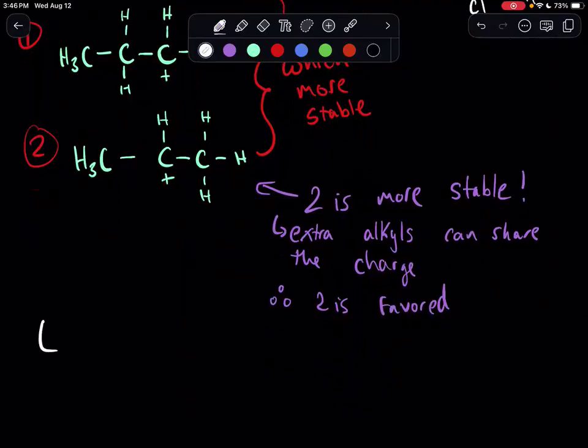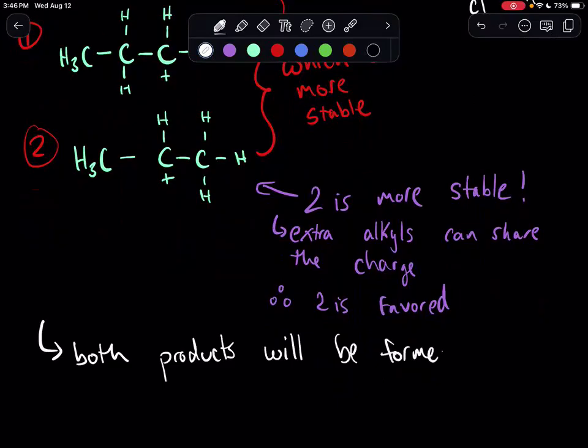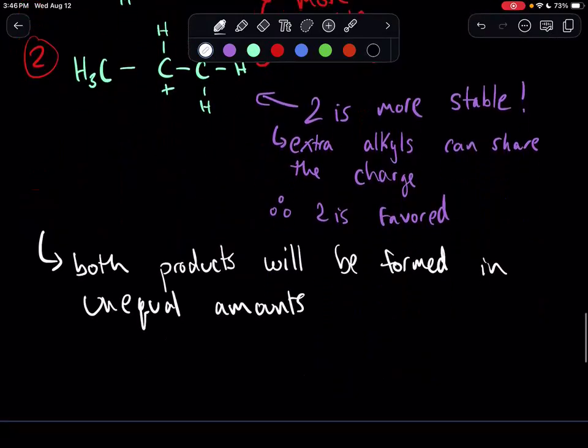What that means is that in this reaction, both products will be formed in unequal amounts. That leads to what we call major and minor products.